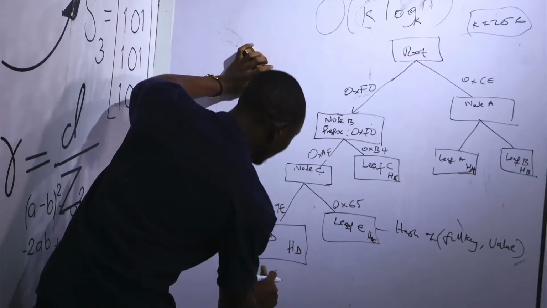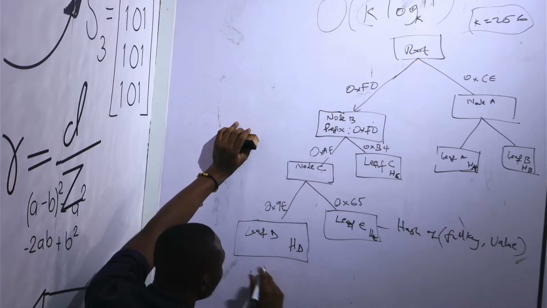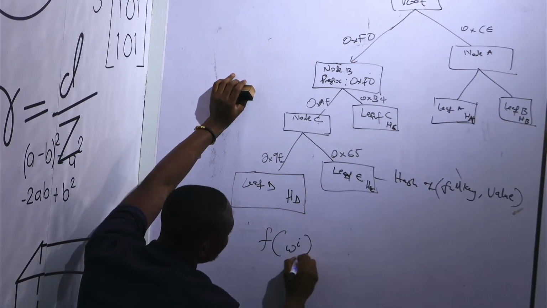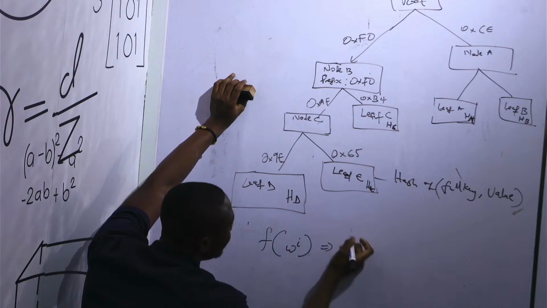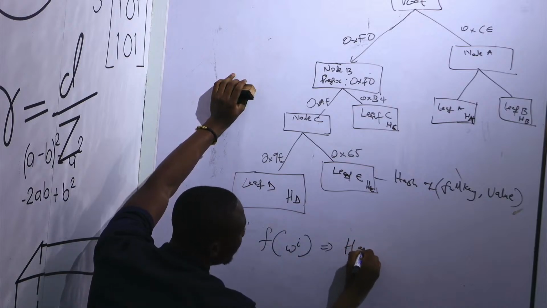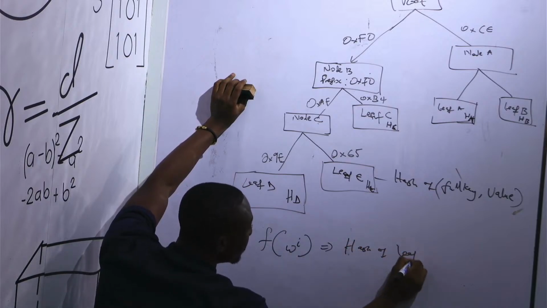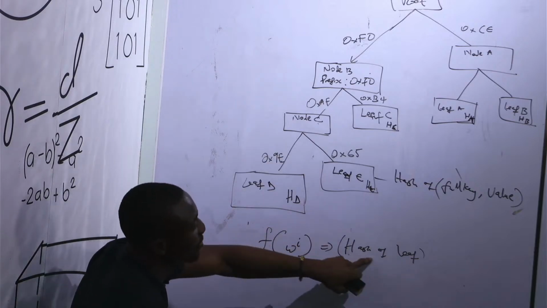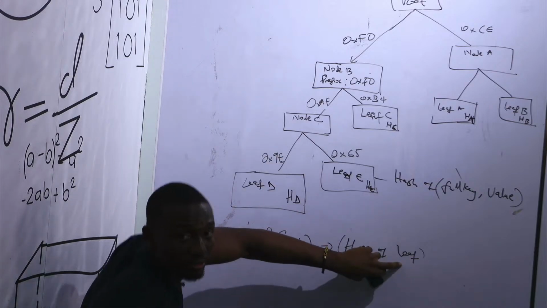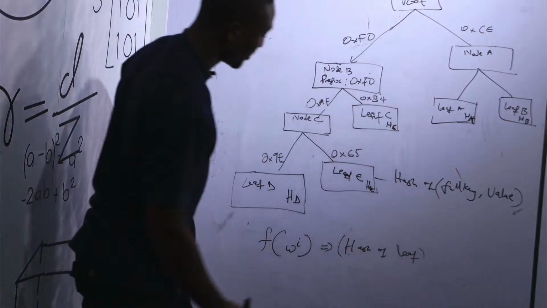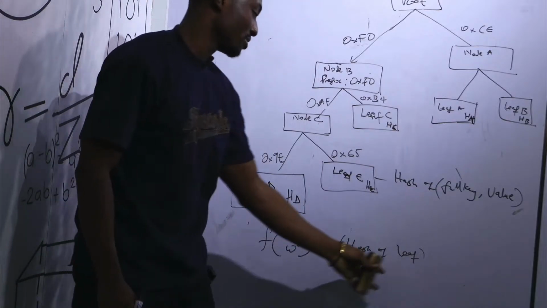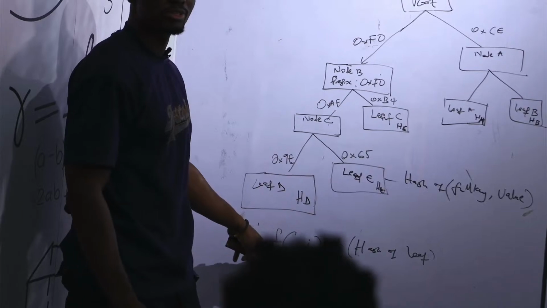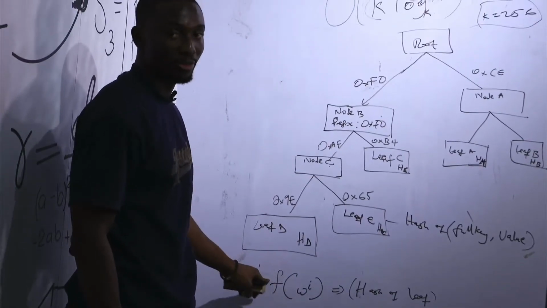Then for each node we want a polynomial f of omega^i that will give you the hash of the leaf, represented as a value in the finite field. So this will be our polynomial.